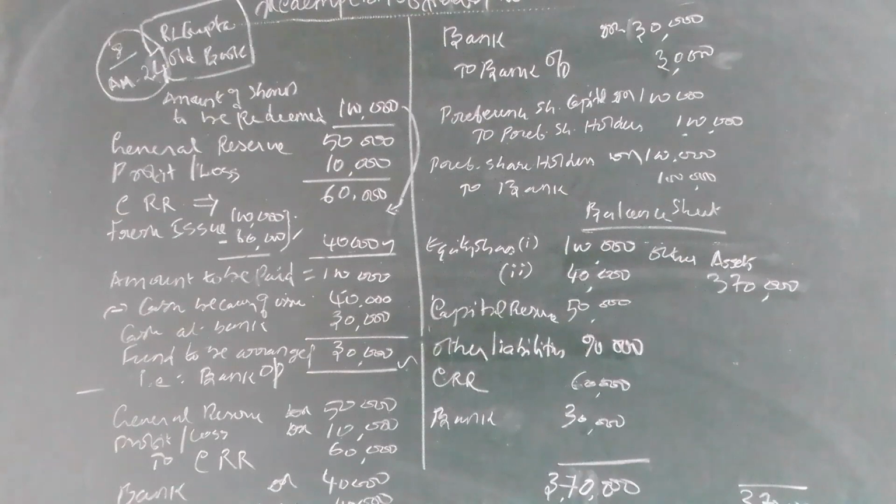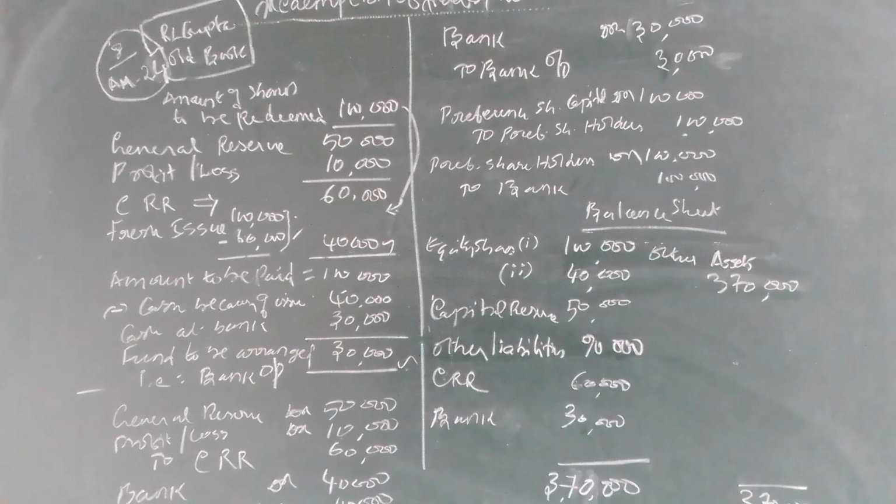For redemption out of profits, we have to take the eligible reserves. General reserve is 50,000, we can take. P&L account is given for 10,000, that is also considered. Mind it carefully, revenue capital reserve should not be considered for the purpose of redemption.